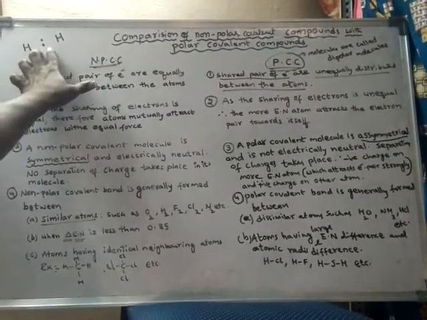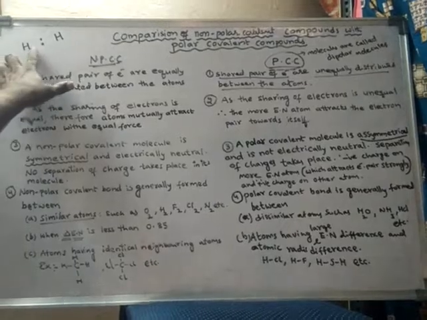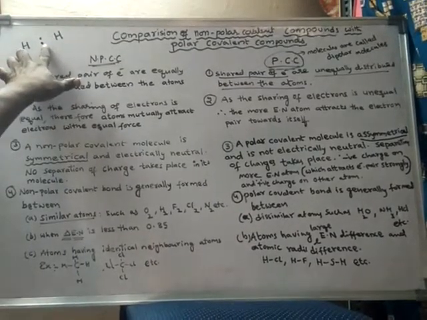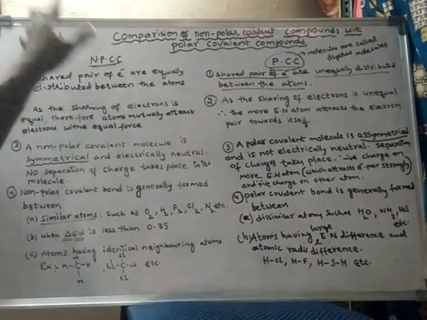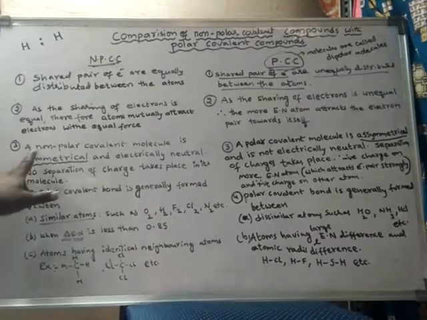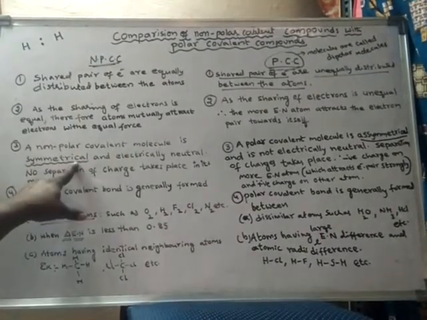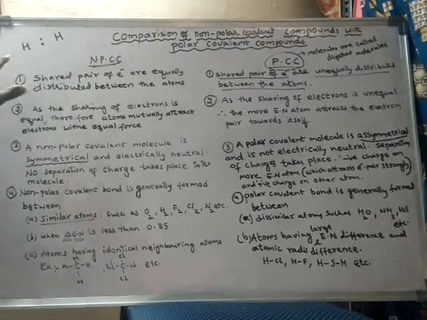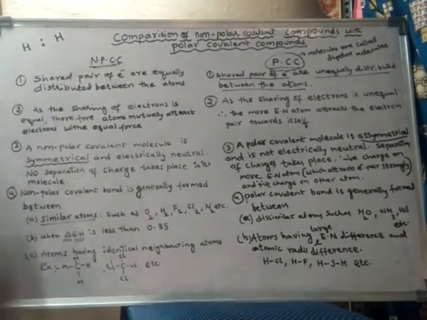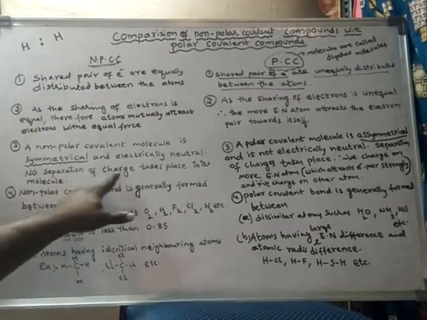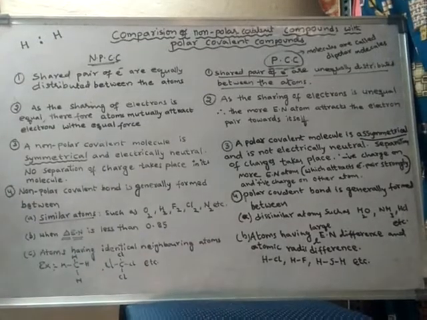That means how far the electron pair is from this atom, it is the same distance from the other atom. So a non-polar covalent molecule is symmetrical and electrically neutral. There is no charge separation; no separation of charge takes place in its molecule.